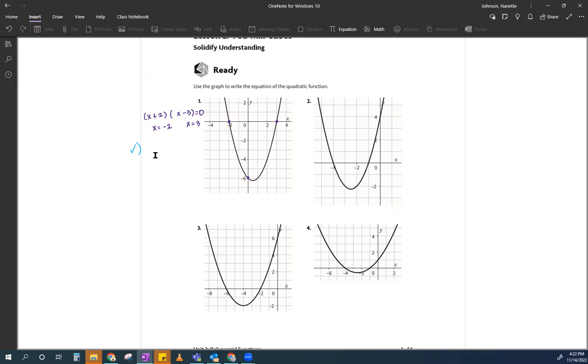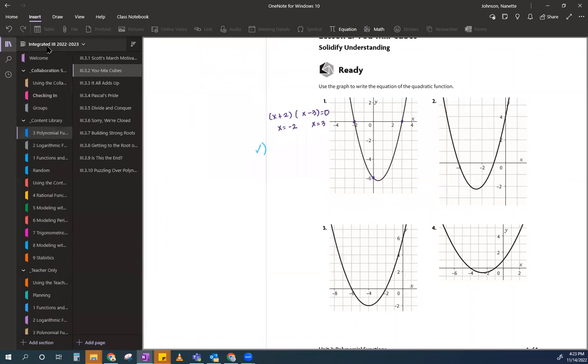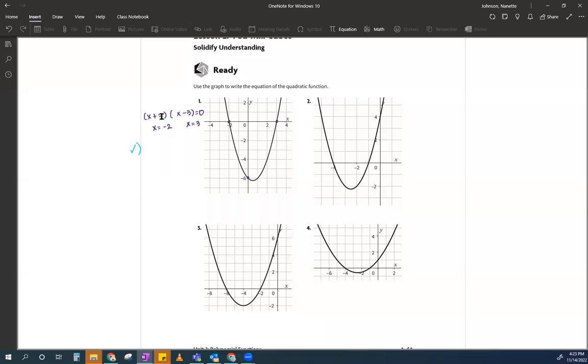Sorry, I'm going to slow it down so that you guys can all catch up with my talking. In my function, I think that this is my function, x plus 2 times x minus 3. So I'm going to plug in this point right here, 0, -6, 0 for x, and I'm hoping that it'll come out as -6.